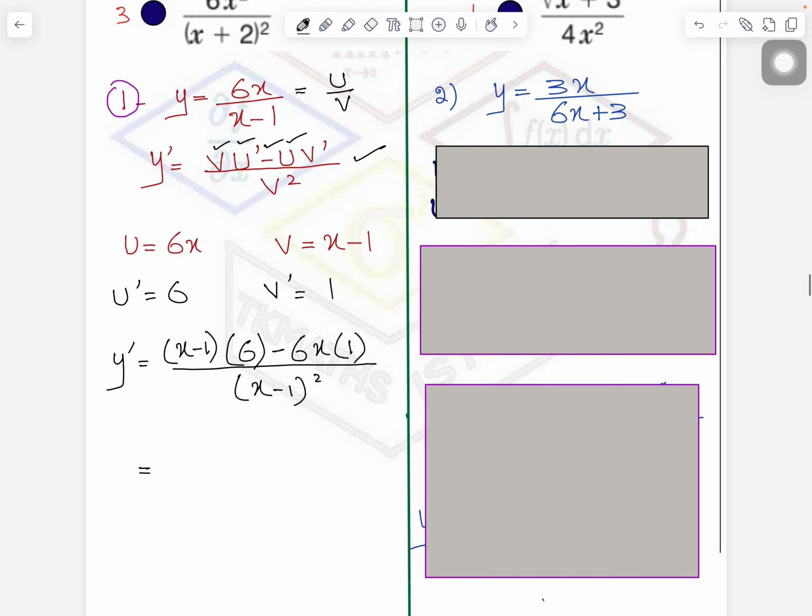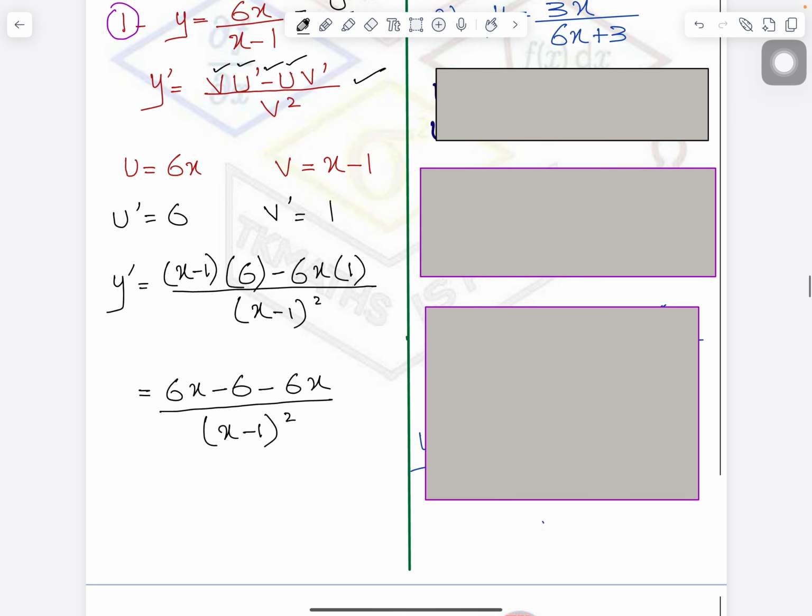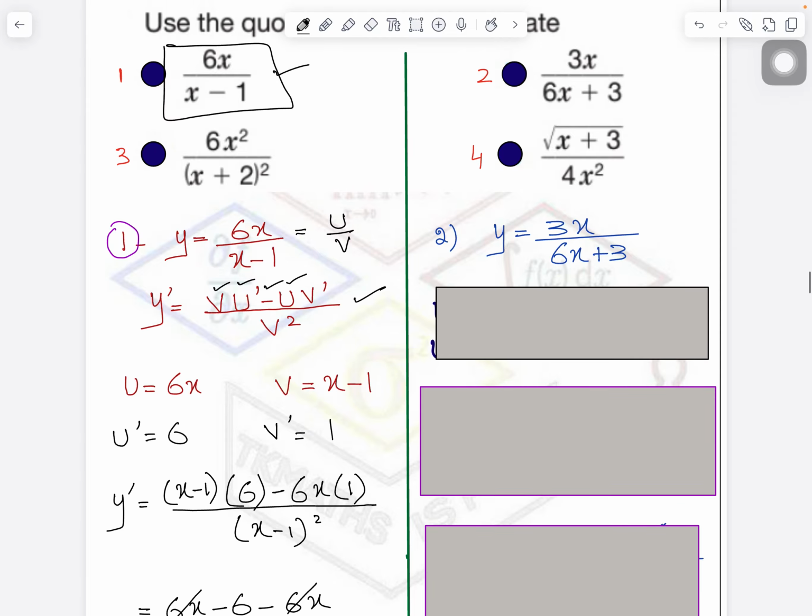So it will become 6x minus 6 minus 6x, divided by x minus 1. And keep the denominator in the factorized form. Do not expand it. So you will get here minus 6 divided by x minus 1 whole squared. So this is the derivative of the function given to you.